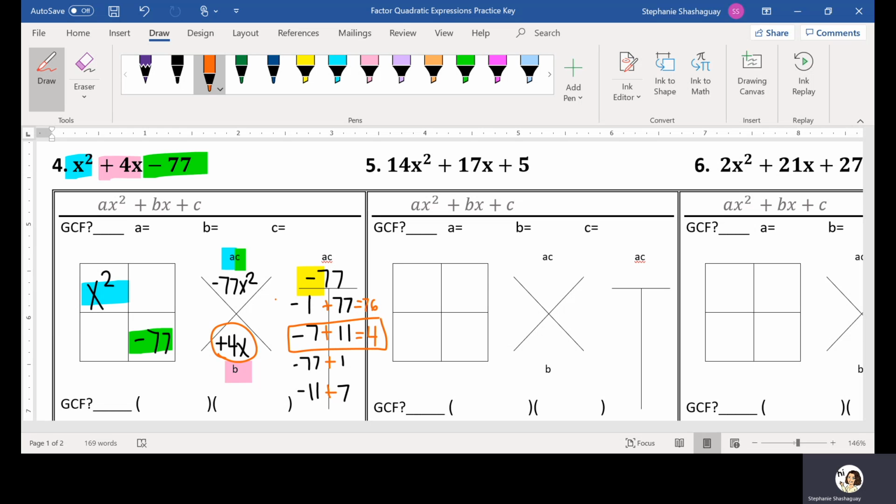So that's my answer right there. I really don't even need to continue. This would give me negative 76, and this would give me negative 4. But I want a positive 4. So I'm going to use the two factors of negative 7x and positive 11x to fill in my area model.